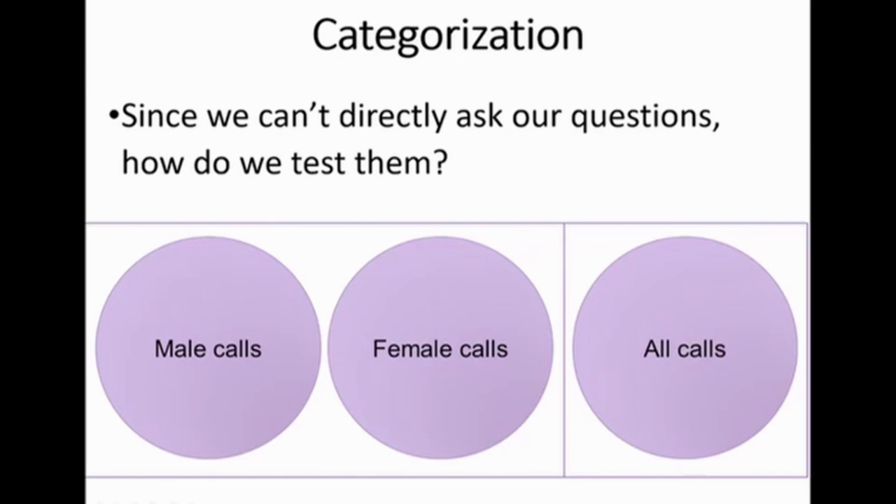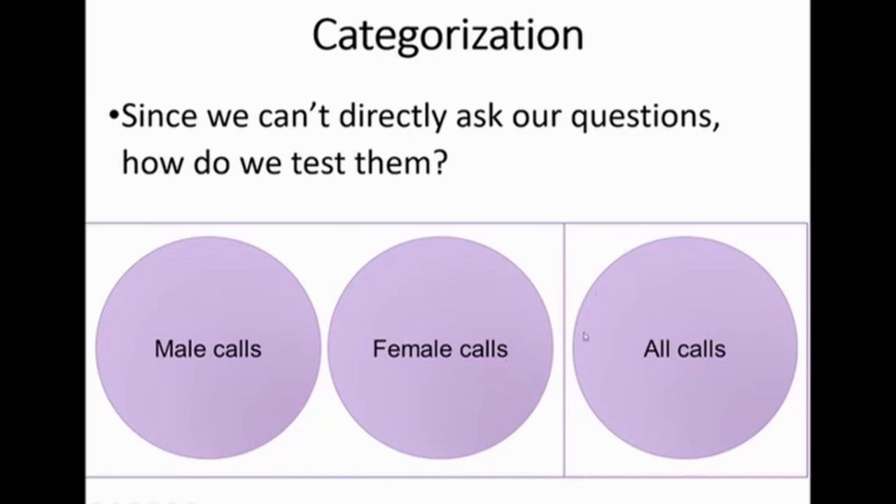And we're going to do this using what's called categorization. Instead of asking, is this a male or is this a female, we're going to ask, do the birds treat all male calls the same, and do they treat those male calls differently from female calls?